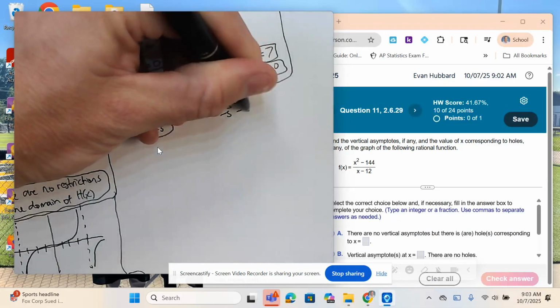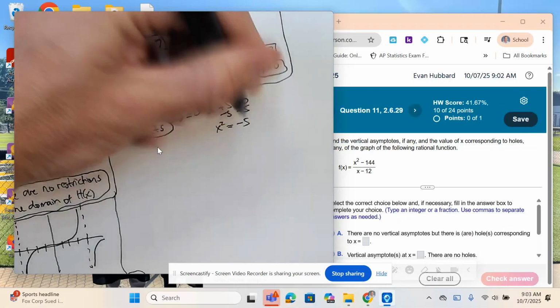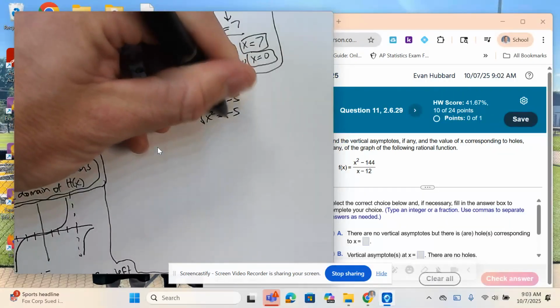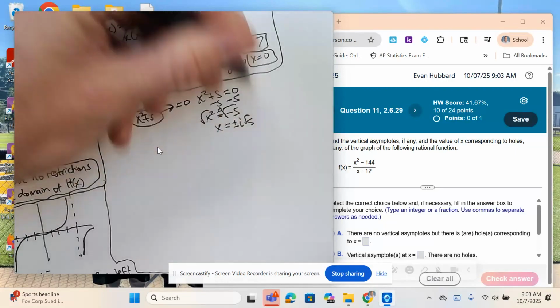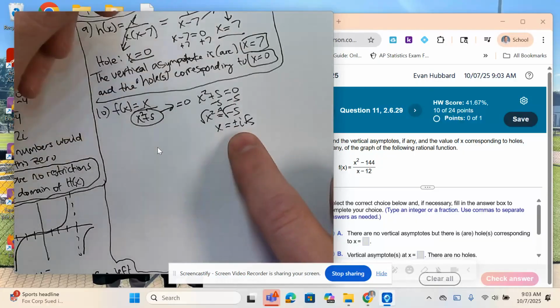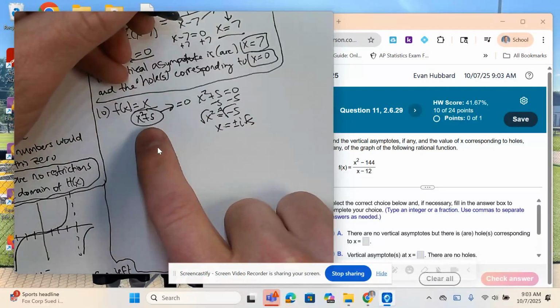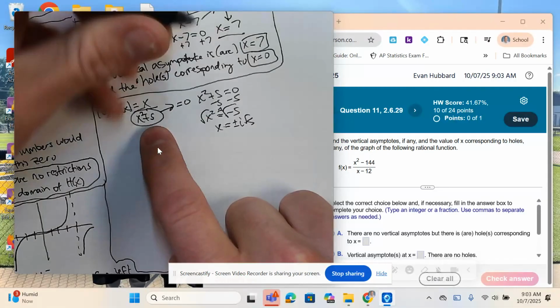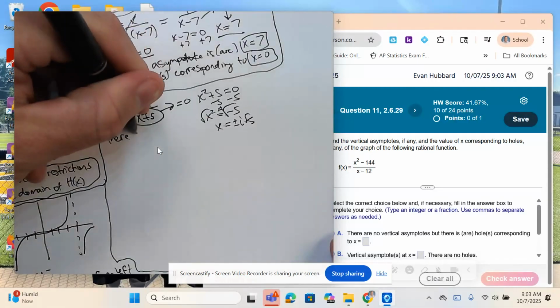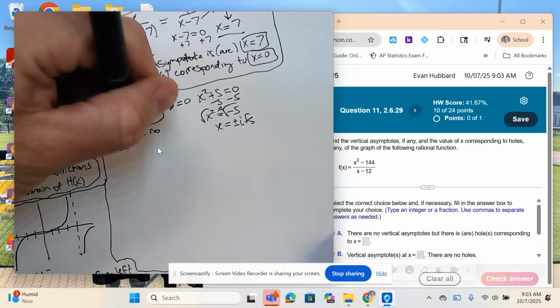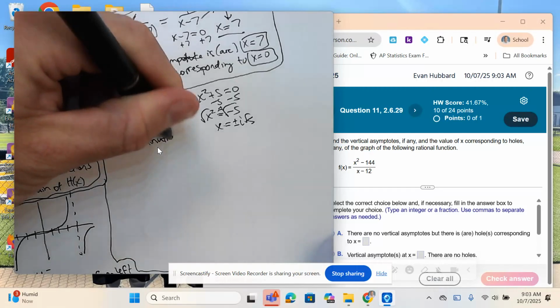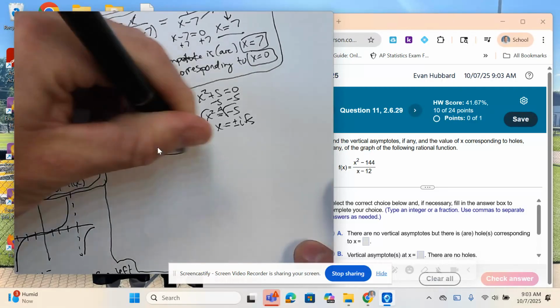Subtract 5, x squared equals negative 5, and then the square root, you get x equals plus or minus i square root of 5. You don't have any real numbers, so there's no way that could be 0. So there are no discontinuities.